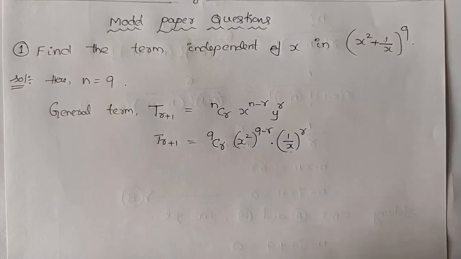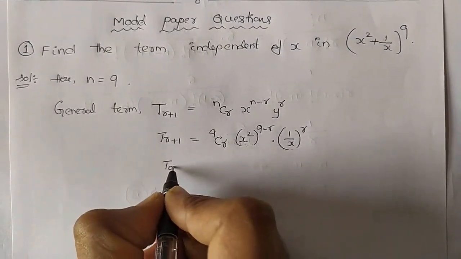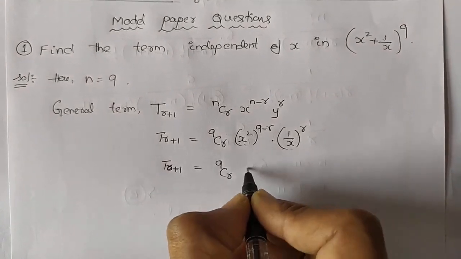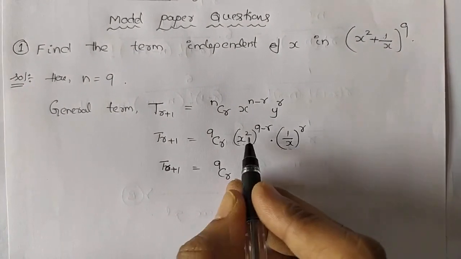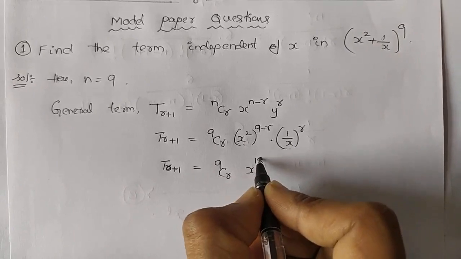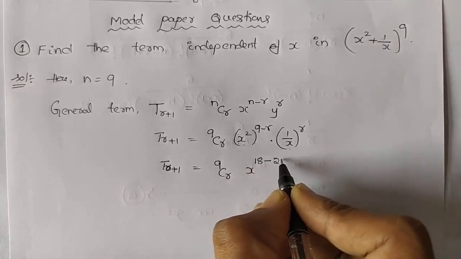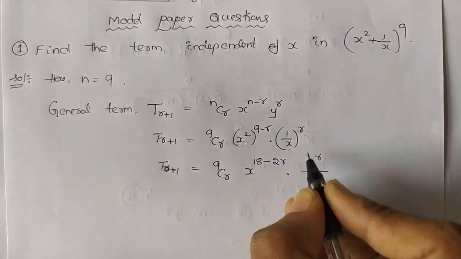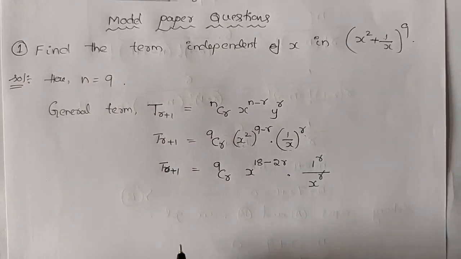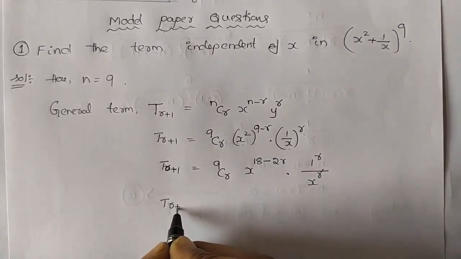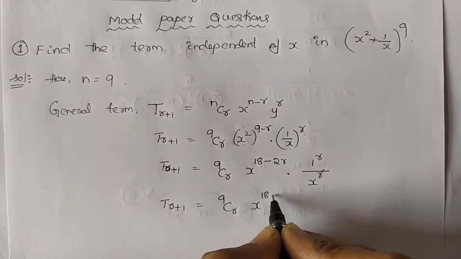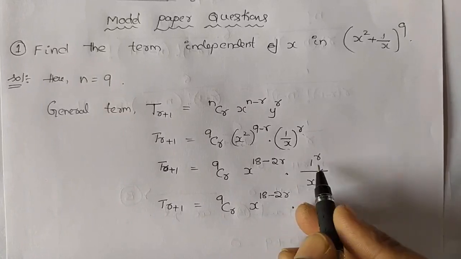Let us simplify it. T r plus 1 equals 9Cr x power 2 into 9 is 18 minus 2 into r is 2r, into 1 power r divided by x power r. Next, T r plus 1 equals 9Cr x power 18 minus 2r into 1 power r.